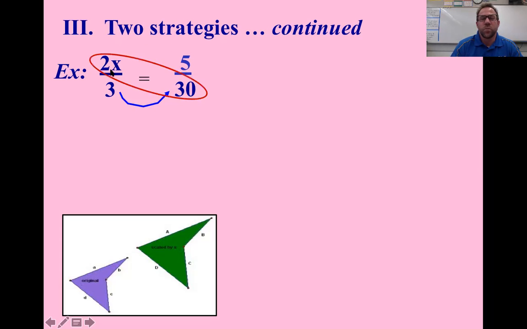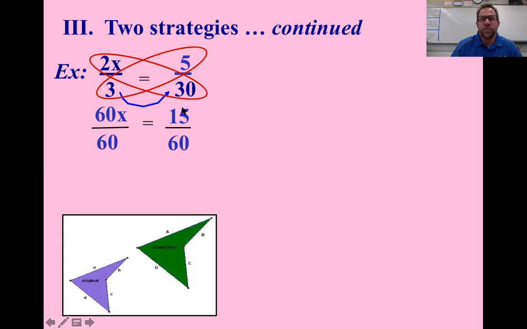Okay, so we're going to cross multiply. So 2 times 30 is 60x, and then 5 times 3, or 3 times 5, cross multiply there, that's 15. Now, remember, we want to get x by itself. I do not want to divide by 15. I want to divide by 60. So these cancel.